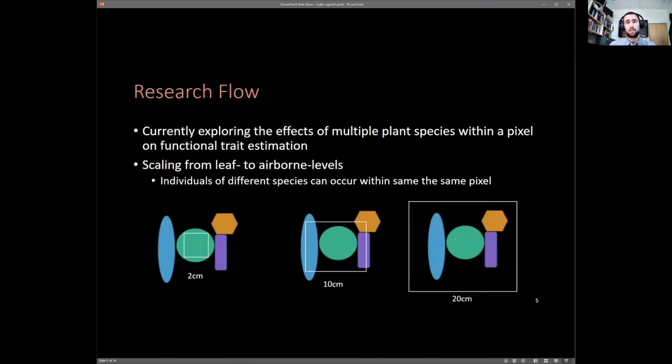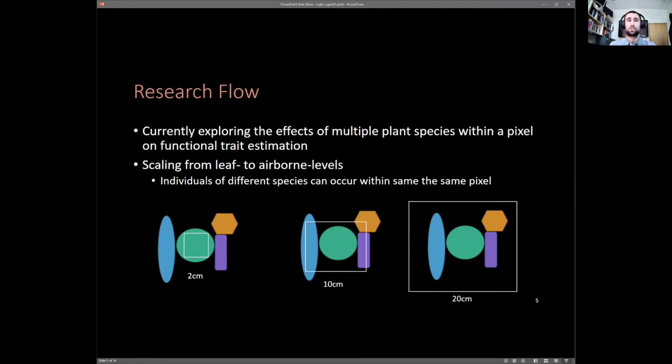Still sticking with the leaf scale analysis, but moving from intraspecific to interspecific, I'm currently looking at the effects of multiple plant species occurring within a single pixel on functional trait estimation. This is important as my research will work towards scaling from the leaf level to airborne levels using our drone imagery.